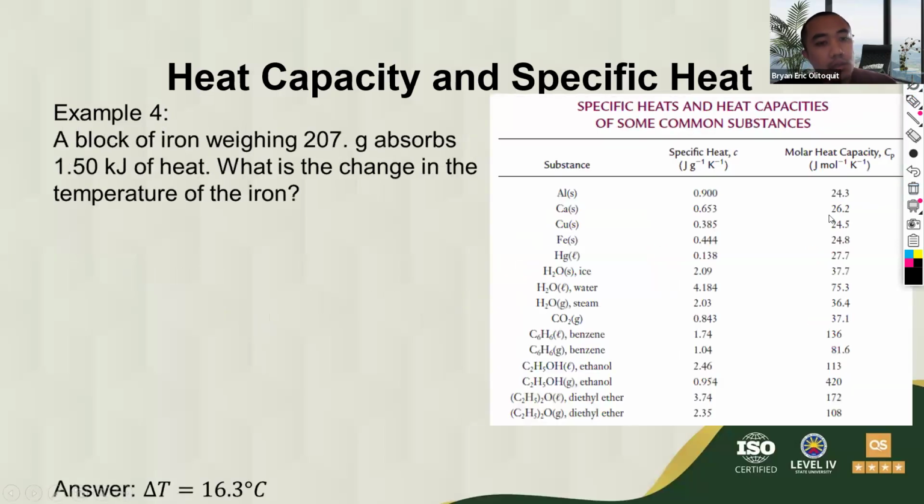So another example here, we have a block of iron weighing 207 grams absorbs 1.5 kilojoules of heat. What is the change in the temperature of the iron? Let's go back to our formula.